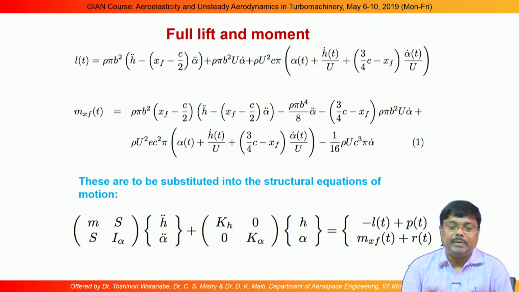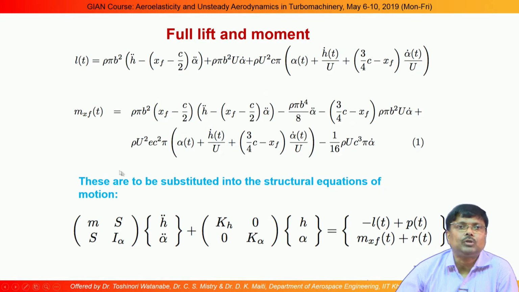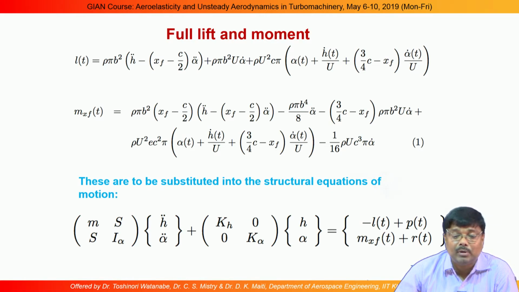Then if I now put everything together, the lift force will be pi rho b square into h double dot minus x f c by 2 into alpha double dot. Then we have pi rho b square u alpha dot, and then after substituting all these relations, earlier we had not taken this mass effect.